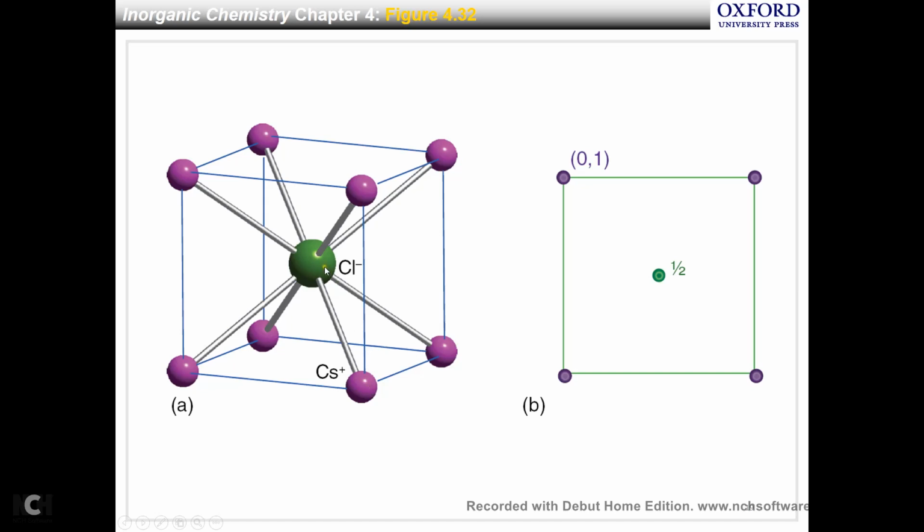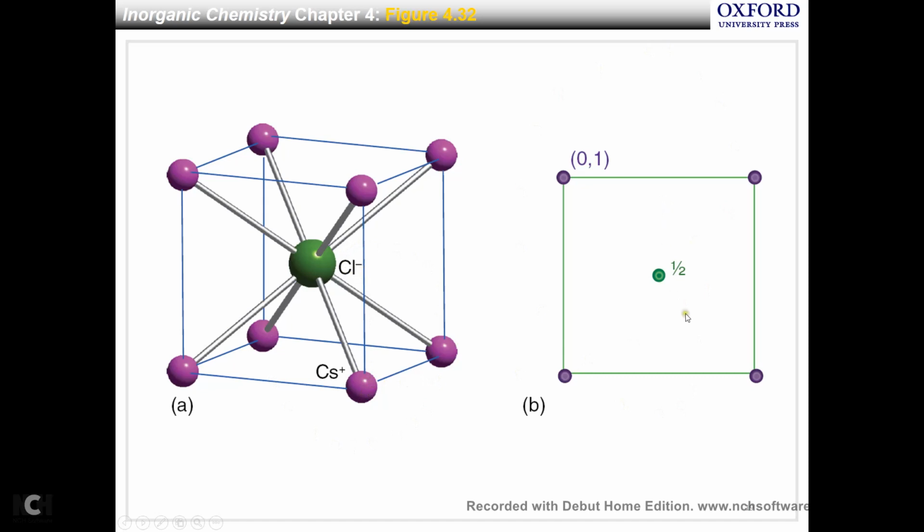This one is surrounded by 1, and then you have to imagine 7 other chlorine minus. So I think if you do a translation, there should be 1 here, 1 here, and then 1 here, 1 here. That's 4 of them. And then you have to imagine we have 4 more closer to you, away from the screen. So a total of 8 chlorine minus anions surround this cesium plus.